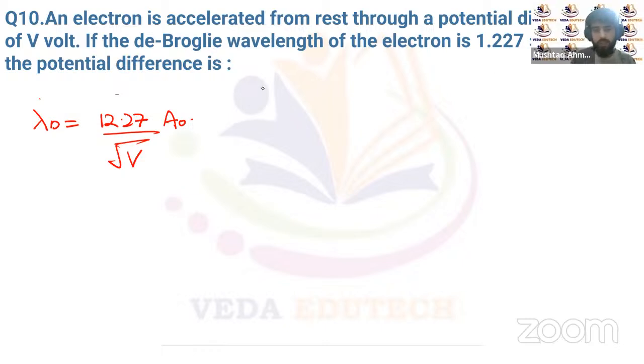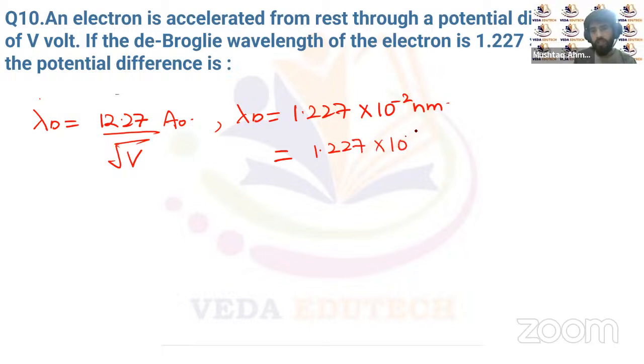Now you can see here the de Broglie wavelength lambda d is given as 1.227 into 10 to the power minus 2 nanometer, right? Or we can write it in terms of angstroms as 1.227 into 10 to the power minus 10, into 10 to the power minus 1, or 12.27 into 10 to the power minus 2 angstroms, right?